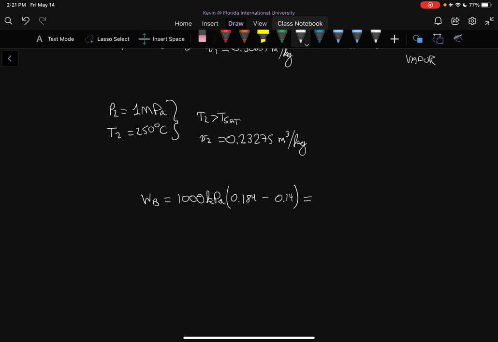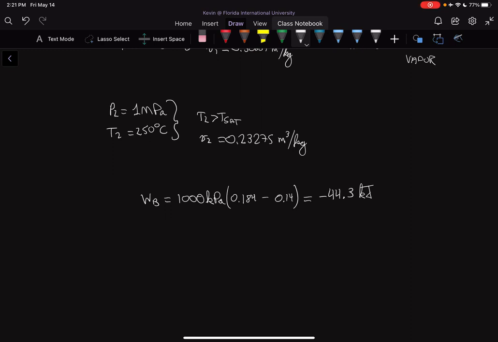And so we get a work boundary that is equal to negative 44.3 kilojoules. Because we're using kilopascals, we get kilojoules.